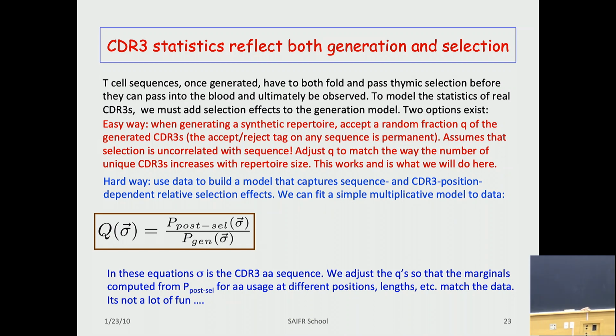So in order to create my null model, I generate synthetic immune systems. I generate hundreds of thousands of examples from my generative procedure. Now, how am I going to model selection? Well, I'm going to model selection by saying that I don't understand why a particular amino acid sequence is selected for going from generation to actual incorporation in the immune system.